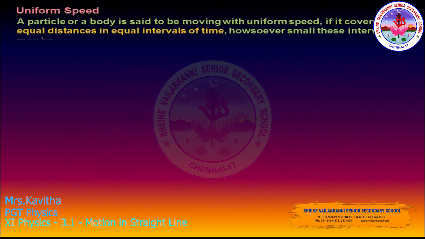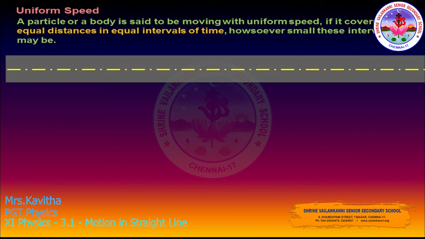Now, what is uniform speed? A particle or a body is said to be moving with uniform speed if it covers equal distances in equal intervals of time, however small these intervals are. See the example, it is covering equal distance in equal time periods.